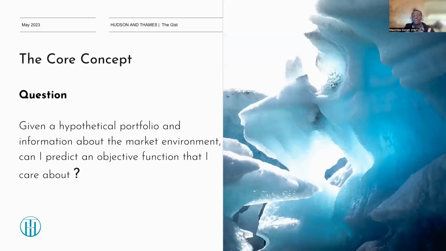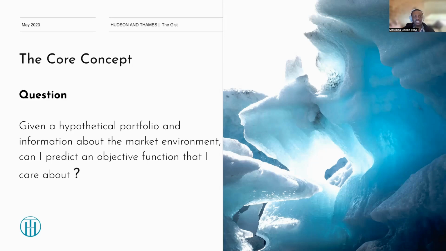So now the question is, what is CPO and what is the concept behind the paper? Now, I decided to ask how to actually answer the core concept of CPO, which is: given a hypothetical portfolio, which could be anything, Forex, bonds, whatever you want, there shouldn't be any limit to what you can include in your portfolio, and given information about the market environment, key point, can I predict an objective function that I care about?